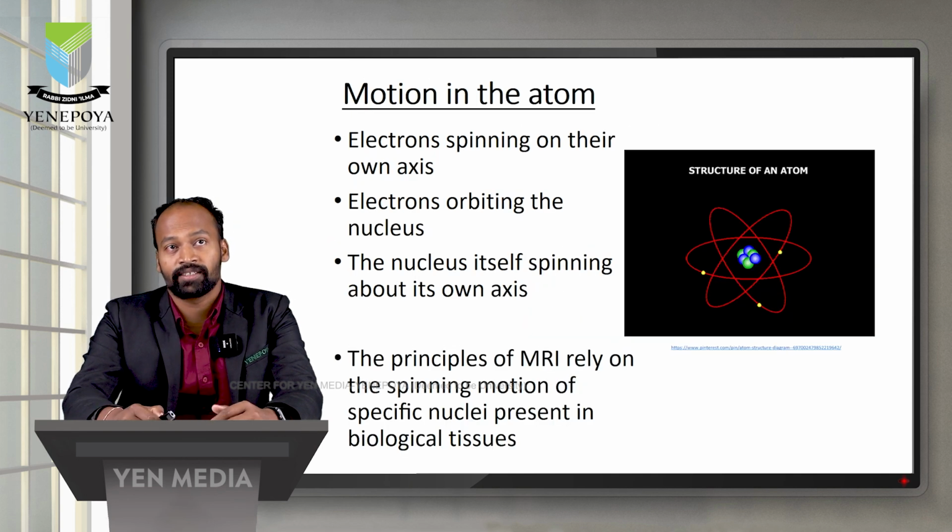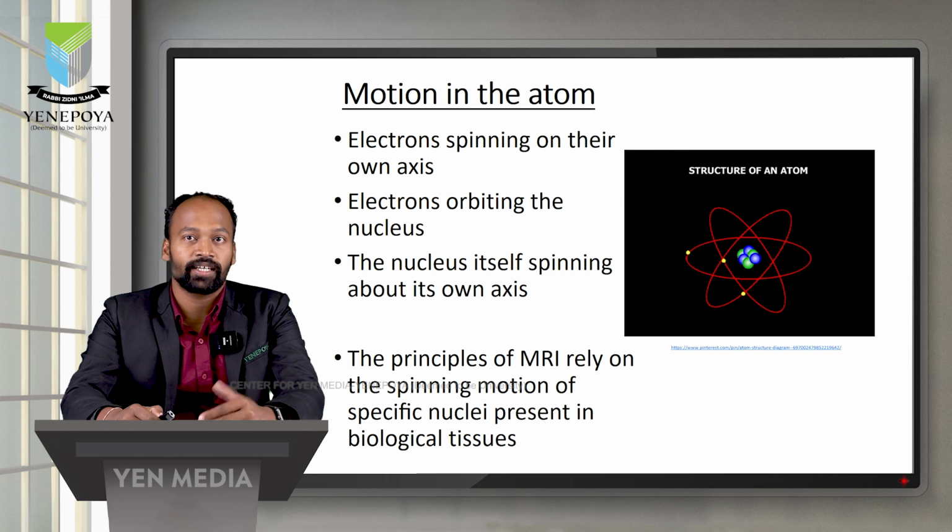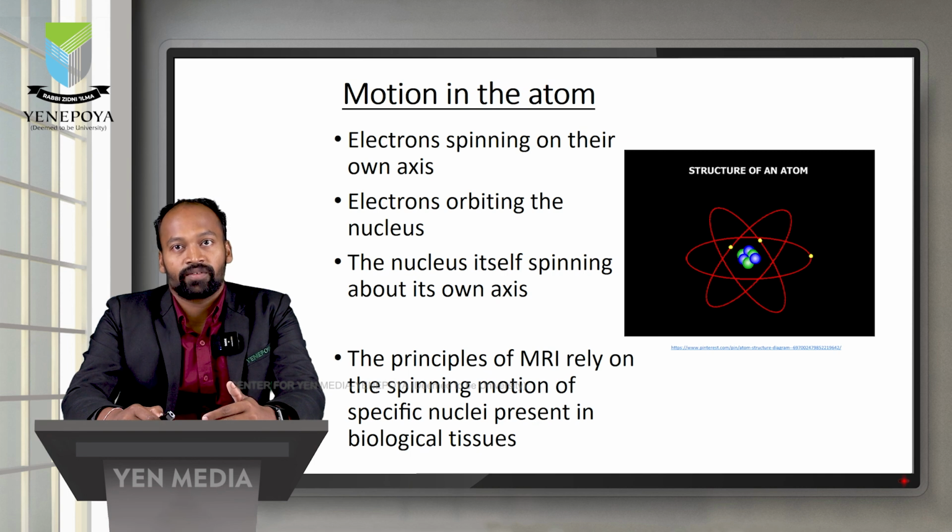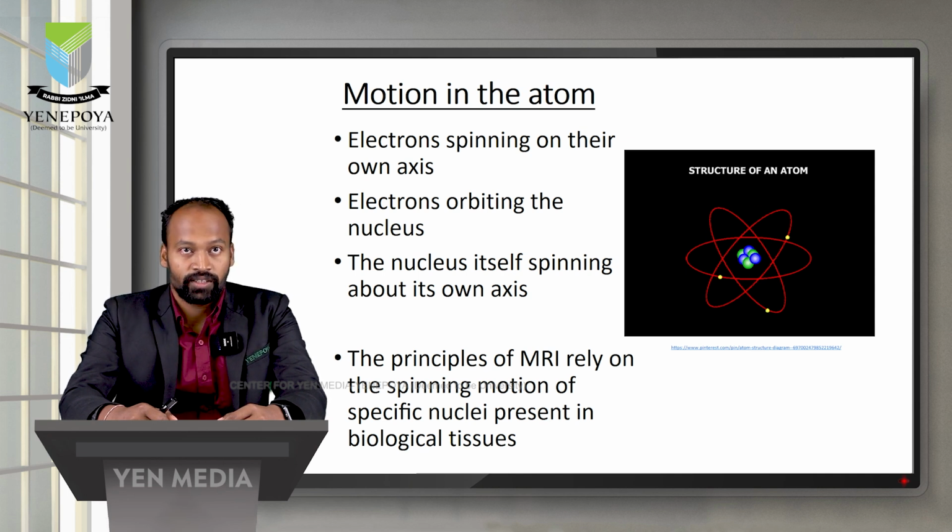Coming to the next, the main part, that is the motion in the atoms present in our body. The atom consists of electrons, protons and neutrons, and the nucleus. The first motion is the electrons spinning on their own axis. The second motion is the electrons orbiting the nucleus.